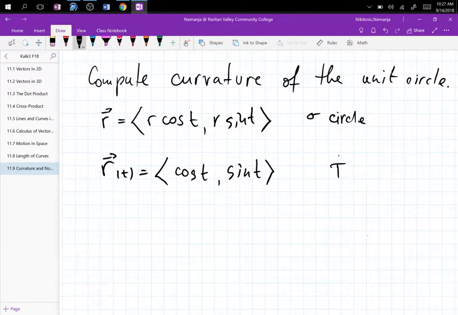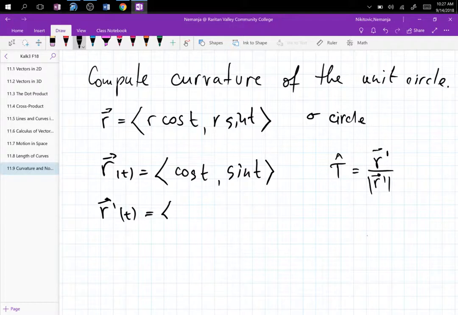So the unit tangent vector, which we need, is R prime over magnitude R prime. Perfect. So we need R prime. What's the derivative of cosine? Very good. And what's the derivative of sine? Cosine.